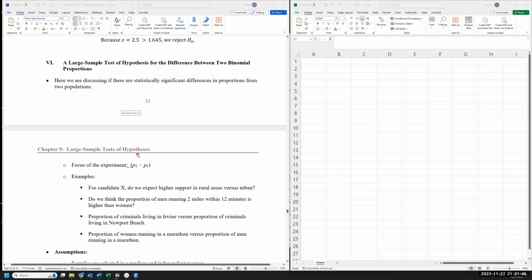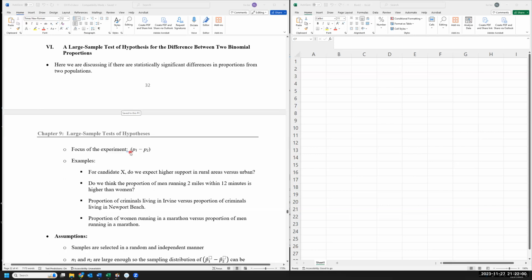Just like the means from two different populations, these are proportions or fractions from two different populations. We're going to focus on P1, the proportion from population 1, and P2, the proportion from population 2.